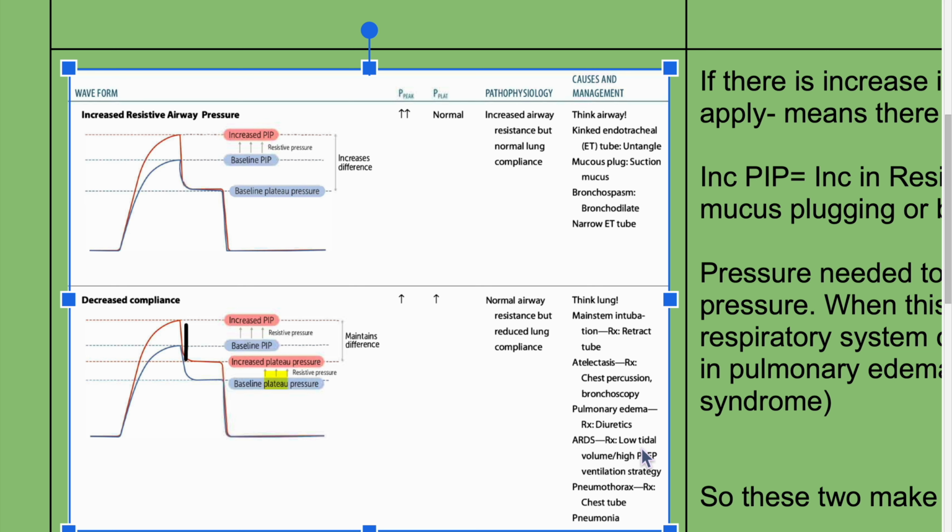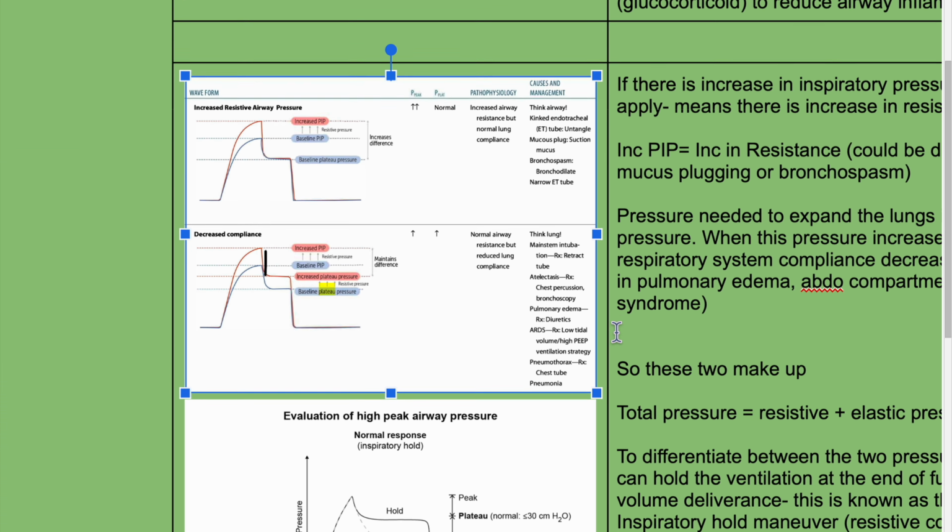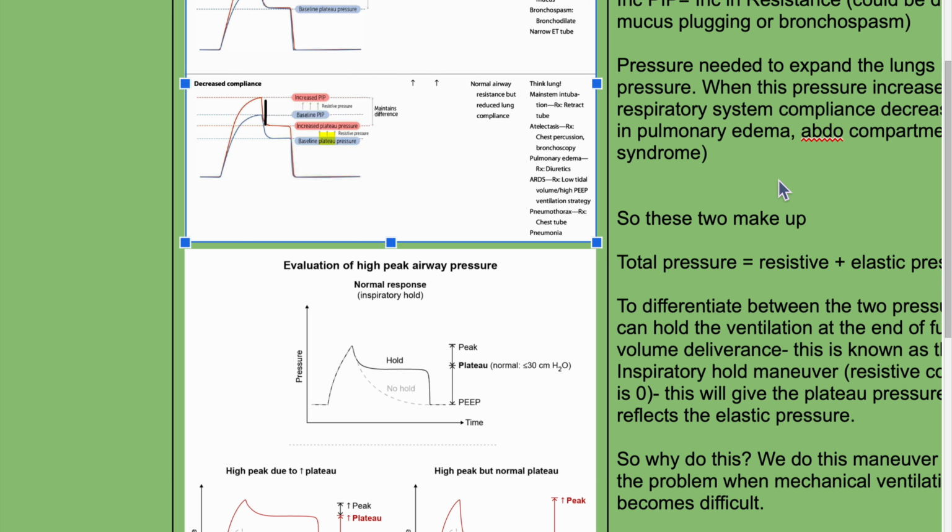ARDS, you do low tidal volume to prevent the overexpansion of the alveoli. High PEEP ventilation strategy. Okay. Pneumothorax: in that case, you do a chest tube, and it could be because of pneumonia. Okay. So we'll come back to this after this.